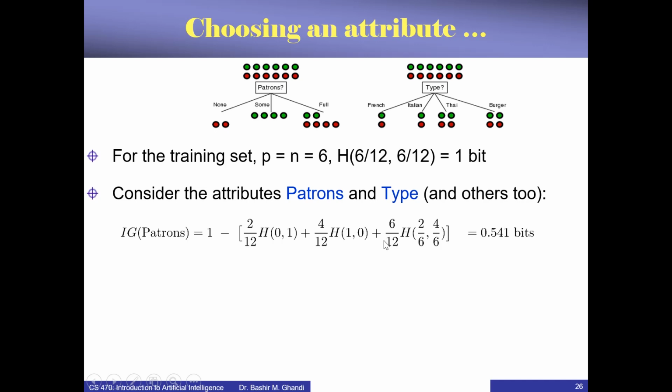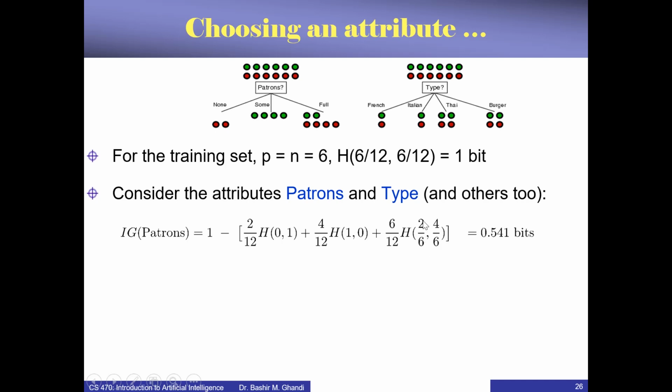Plus the weighted entropy of full. Weighted means we have to multiply the entropy by the proportion of values that are in this branch, and it's going to be 6 out of the 12 times the entropy of that group. Now here we have values for both true, which is 2 out of the 6.